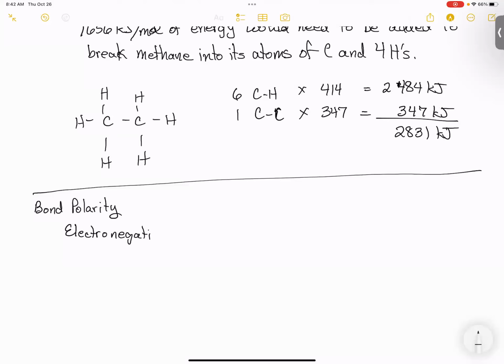And folks, electronegativity is not the answer to everything. I know a lot of individuals like to pull out the word electronegativity when they're trying to come up with an answer, but it's not the answer to everything.